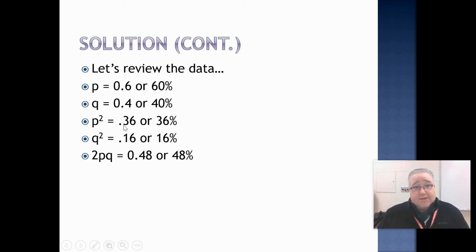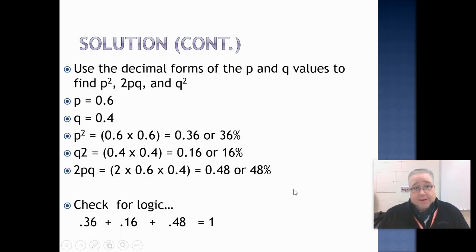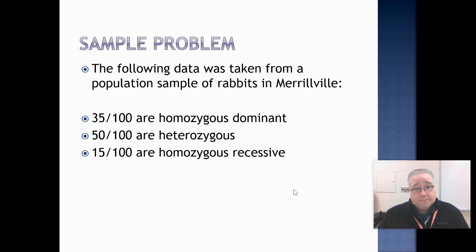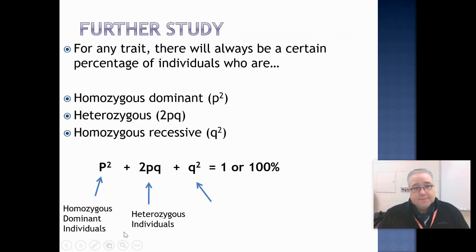So what this tells us is that 36% of our rabbits in our population are homozygous dominant rabbits. 16%, Q squared, are homozygous recessive, and 2PQ, 48%, are heterozygous. So again, I go back to this equation here. Those percentages we can plug into this, and if you add them up, you get 100%.